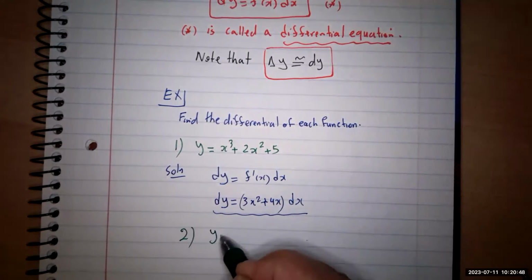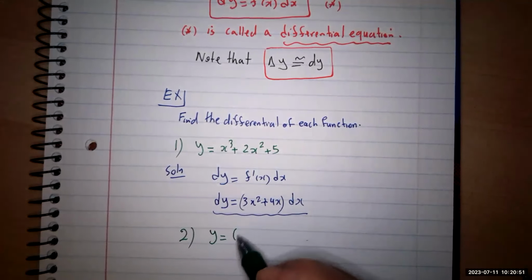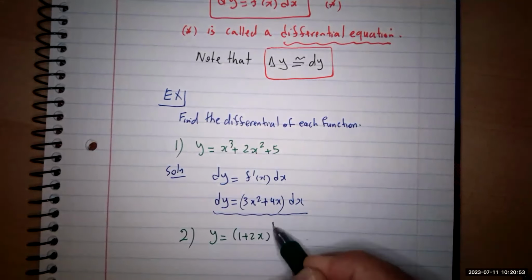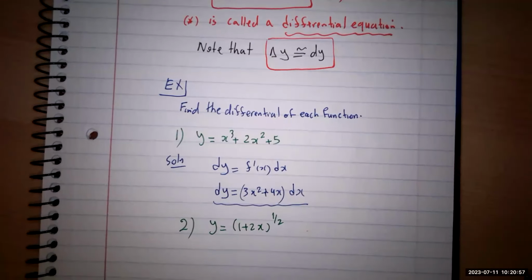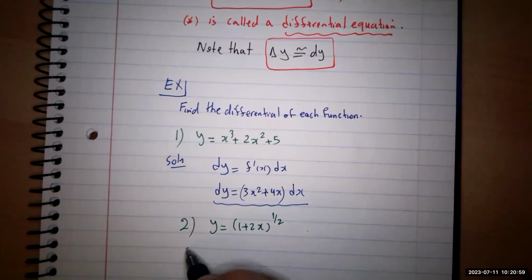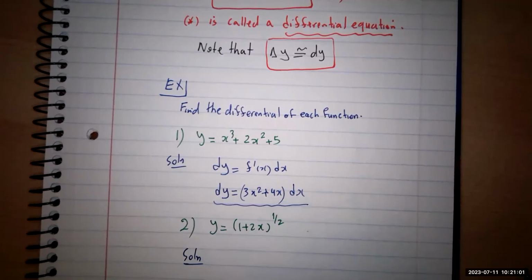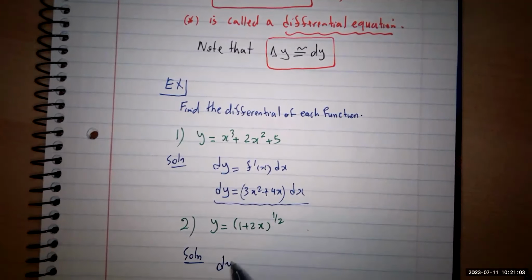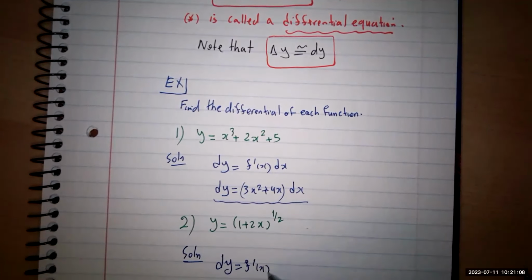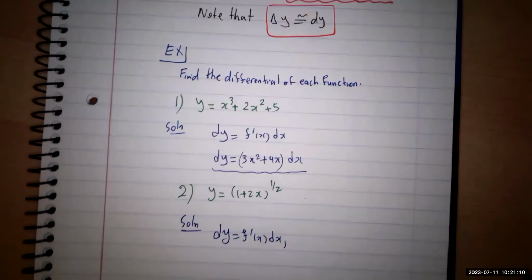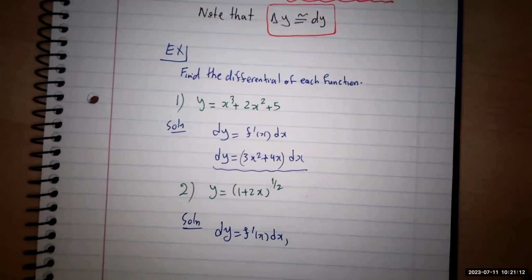So y is equal to (1 plus 2x) to the half. You want to find the differential of this function. So the solution is going to be: the differential of y is equal to f prime times dx. You have to use the u substitution, of course, the chain rule, you know that.